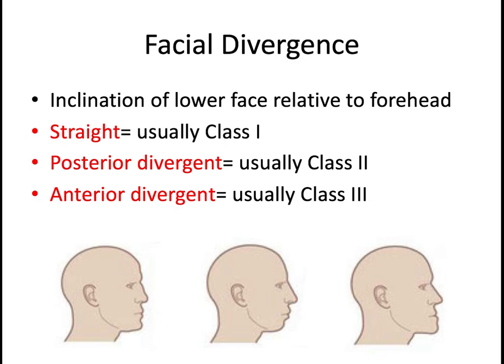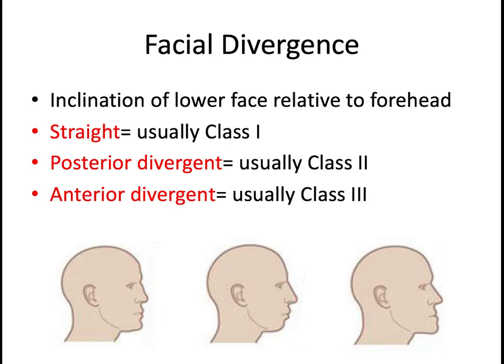So facial divergence is rarely tested, but sometimes it does come up. It's similar to facial convexity, but it is slightly different. So I want to go over that discrepancy. Facial divergence refers to inclination of the lower face relative to where the forehead is.